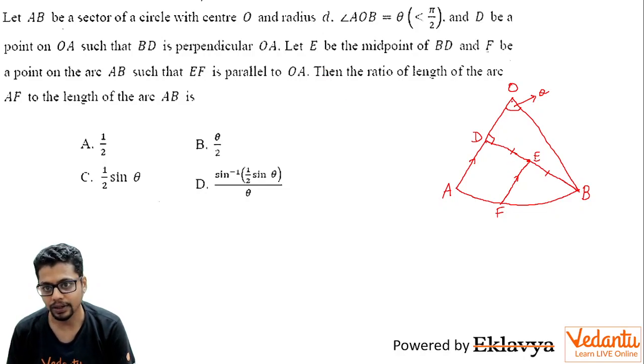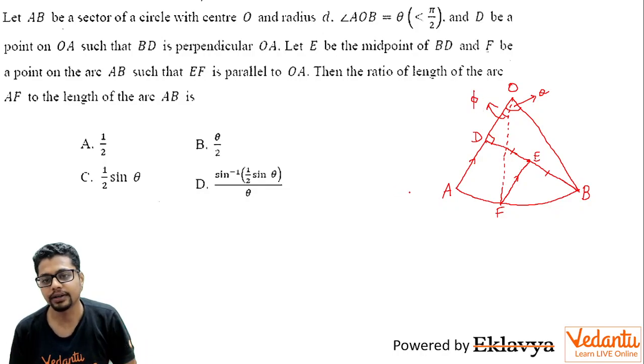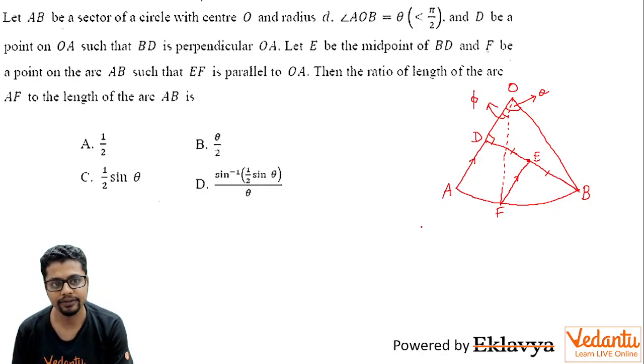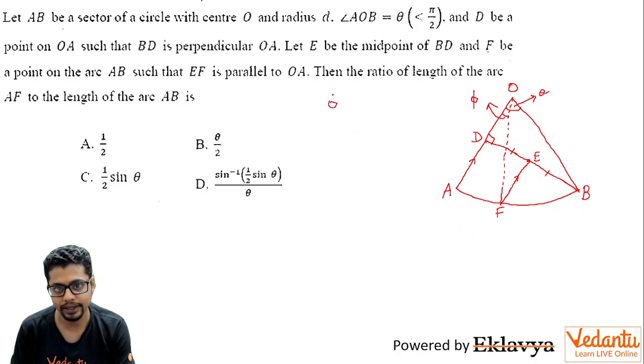So let me join O and F, and let me call this angle phi. Now what we want is a ratio of the length of the arc AF to the length of the arc AB. So clearly this ratio would be the ratio of phi with theta.